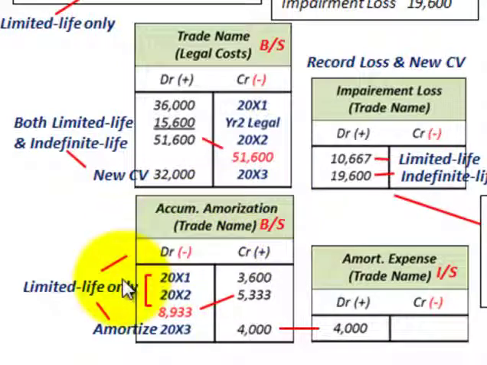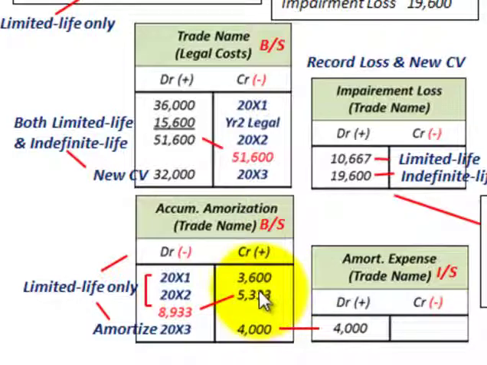Now remember, that's only for the limited life asset, not for the indefinite life. So we had an accumulated amortization account. We would have credited it, say, for the first year for $3,600, and then for the next year we would have calculated it at $5,333.